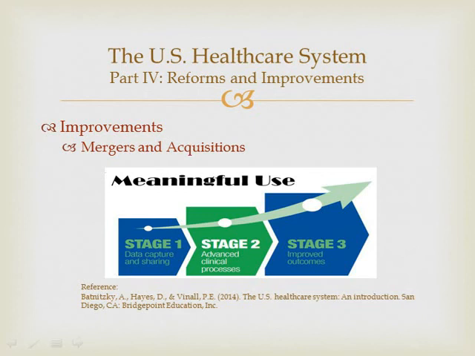Another improvement is the introduction of the electronic health record for capturing diagnosis codes and reportable data for meaningful use, which allows clinicians to spend more time with the patient and less time at the computer, and also improves the overall quality of care by improving communication between healthcare providers.